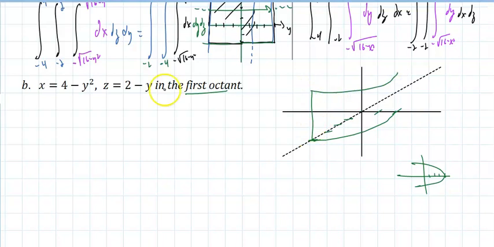Except you're going to cut it off by z equals 2 minus y. 1, 2. At a height of 2, you're going to cut with a plane.